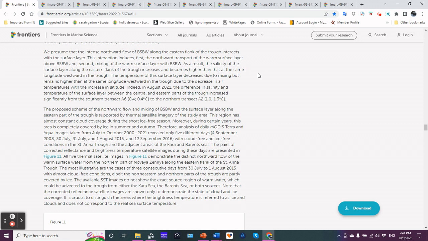As a result, the salinity of the surface layer along the eastern flank of the trough increases, becomes higher than at the same longitude westward in the trough. The temperature of this surface layer decreases due to mixing, but remains higher than at the same longitude westward in the trough due to the decrease in air temperatures with the increase in latitude. Indeed, in August 2021, the difference in salinity and temperature of the surface layer between the central and eastern parts of the trough increased significantly from the southern transect to the northern transect.